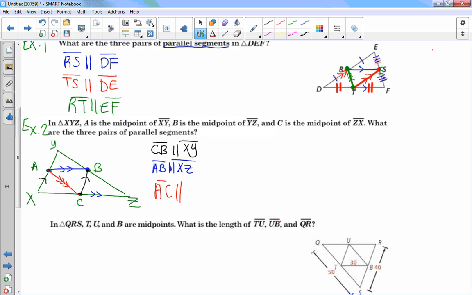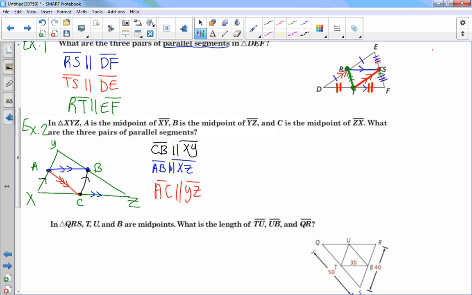Now, BC goes this way. YZ. See how they only look parallel? That's the only one that doesn't intersect, is YZ. Because parallel lines won't ever intersect, right? So it would be the side that doesn't intersect with your segment. Okay? That's listing the pairs of parallel sides.